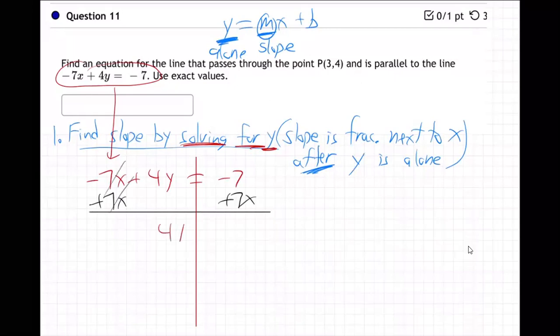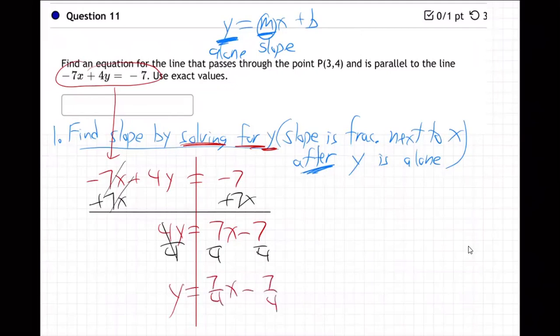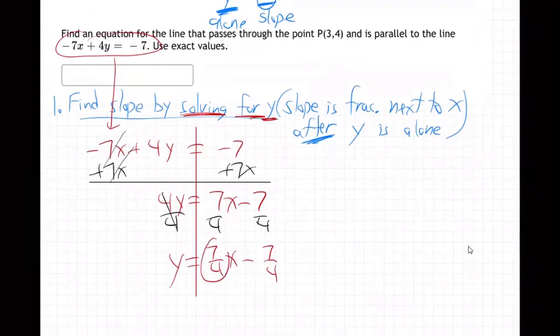And so we get 4y equals 7x minus 7. Then divide through by 4. Boom. So y equals 7/4 x minus 7/4. This is the slope right there.